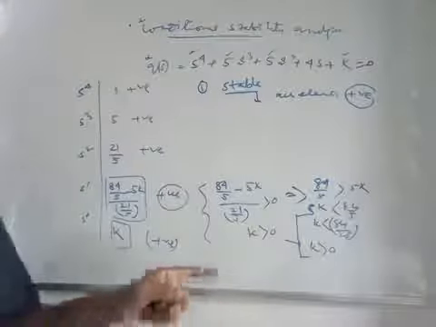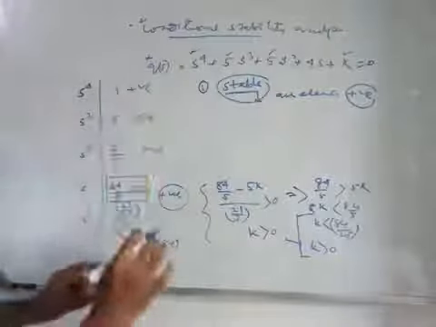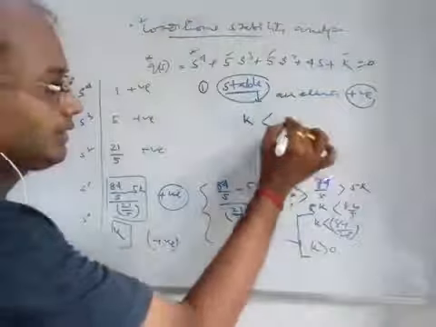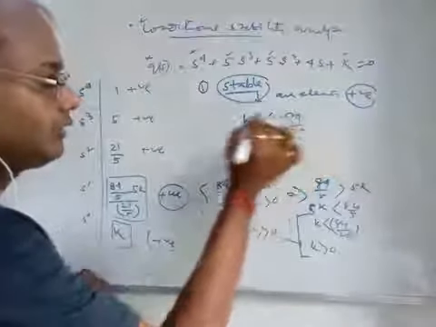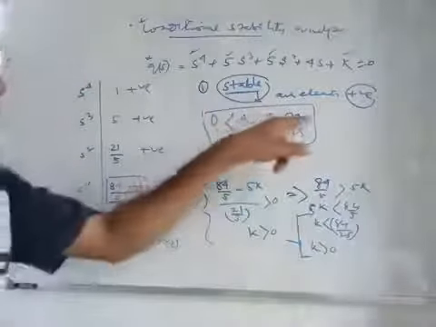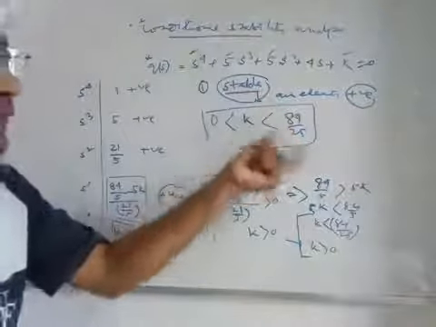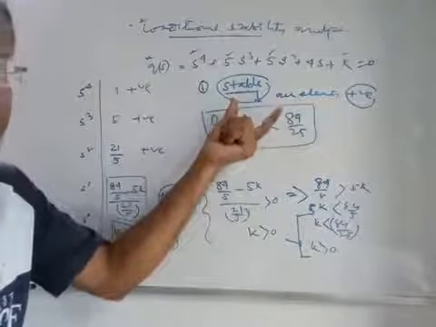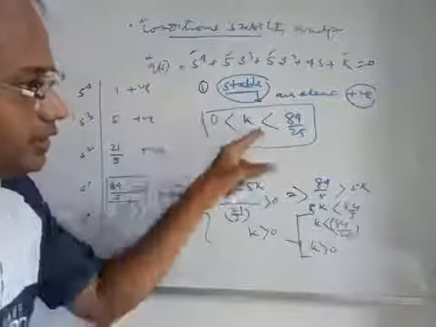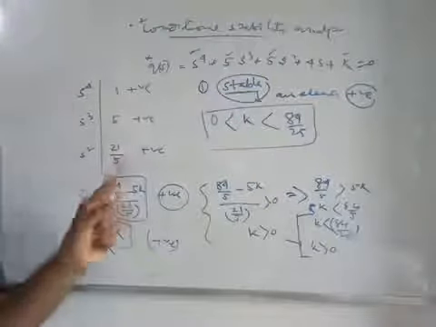In this range, the system is stable. That means this is nearly 3 point something. So if the value of k is 8, definitely the system will not be stable, right? So k has to be varied within this range to make the system stable. This is the first condition.